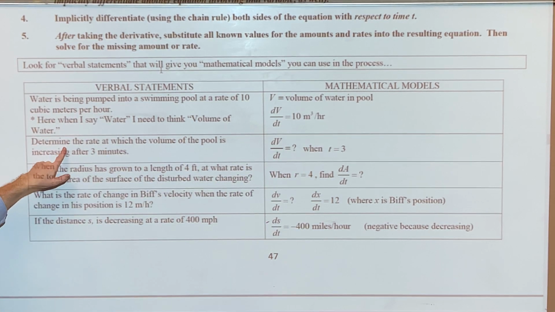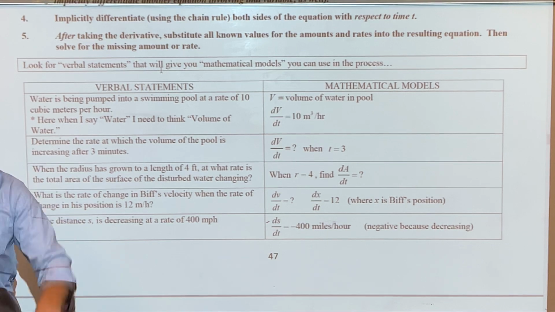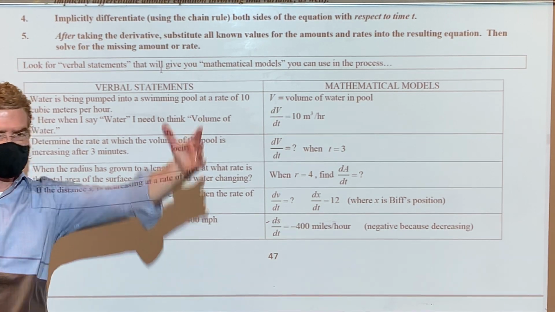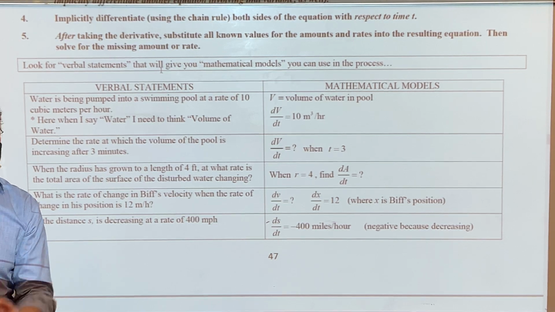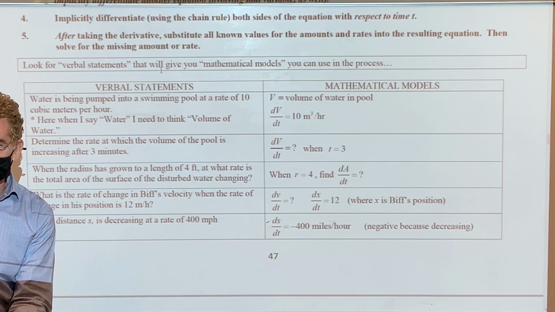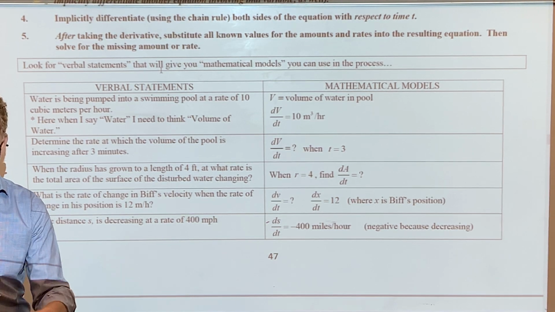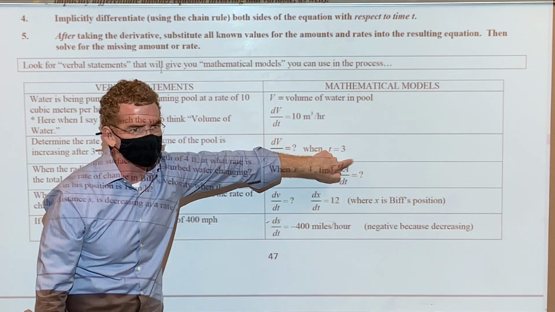That's what I'm looking for. And again, they asked for a specific volume, kind of like the water in that container. It's going to change a whole lot more quickly at the beginning because there's so much more pressure on the water pushing it out. And as it gets lower and lower, it's going to slow down the actual volume that's changing. So I want to know the rate of change of the volume at 3 minutes.